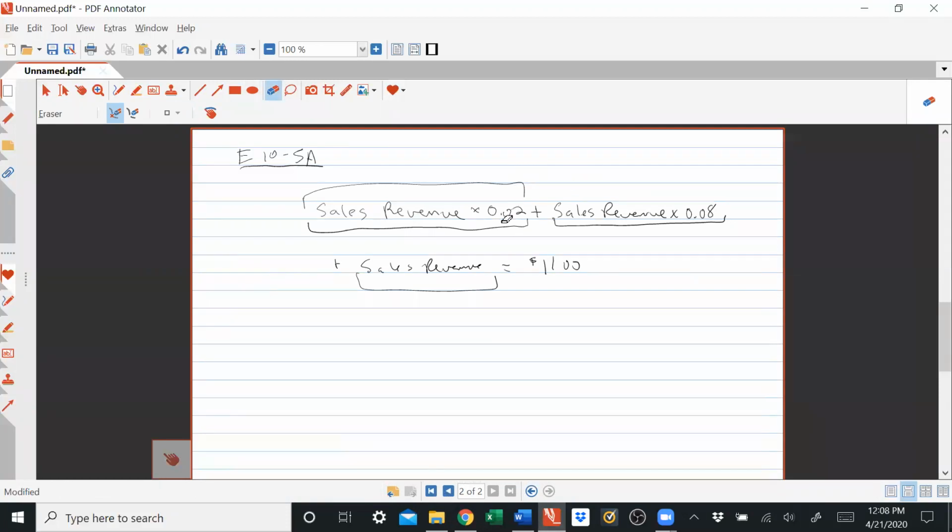And so when we solve this equation for sales revenue, think of the left-hand side of the equal sign as x, x, and x. So 1x plus 0.02x plus 0.08x.